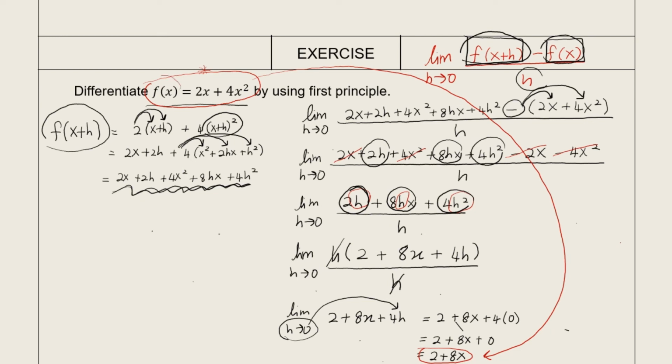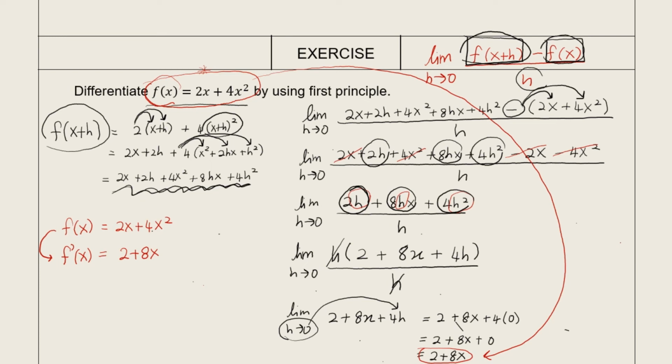So if we have the symbol of f(x) here, the differentiation of f(x) can be denoted by f prime x. It means that if you have f(x) equal to 2x plus 4x squared, by the process of differentiation, it will become f prime. The symbol is f prime. What is the value after differentiation? 2 plus 8x.